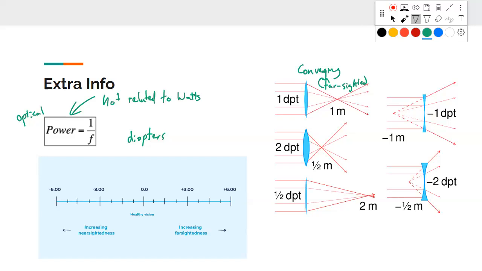If the focal length of that lens is 1 meter, then we do 1 over 1, and we get a power of 1 diopter.